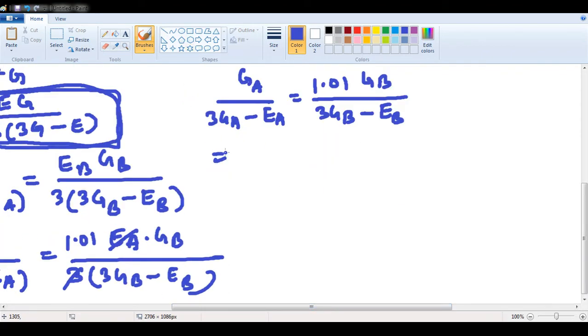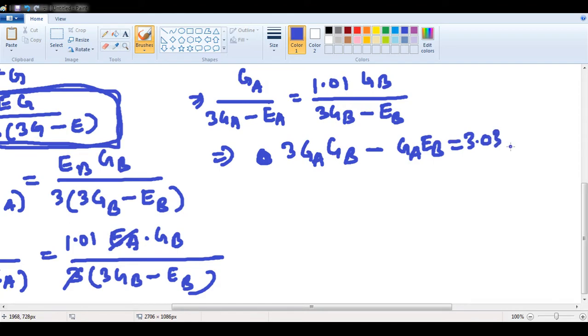So when we simplify this further, this will be 3GA GB minus GA EB is equal to 3.03 GA GB minus 1.01 EA GB, right?